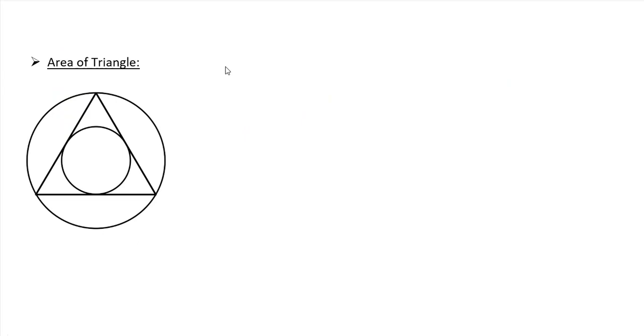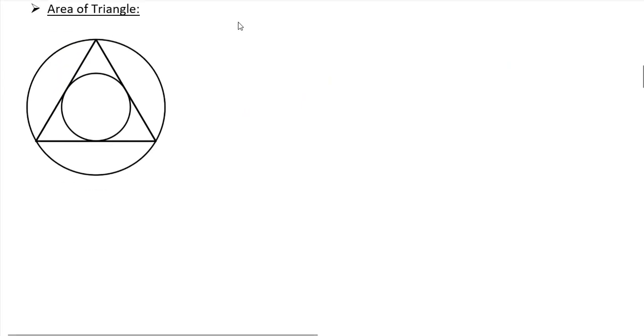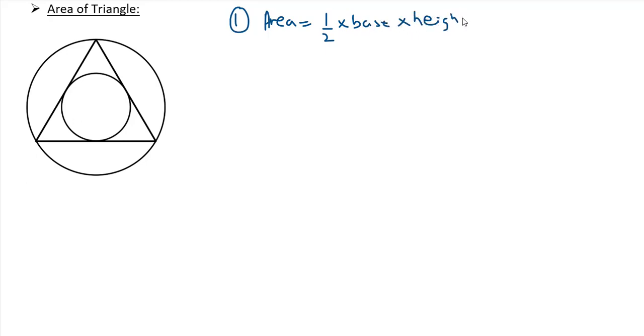We'll see the formula for the area of a triangle now. The basic formula, as we know, is area equals half base into height. This is the formula that we have been learning since our childhood, so there is no problem in this one. Now, before we move ahead, let us first understand this figure.